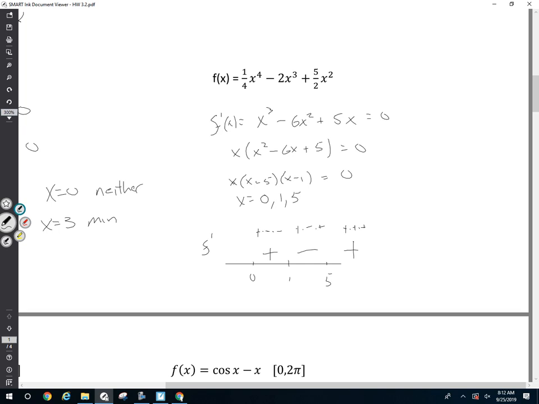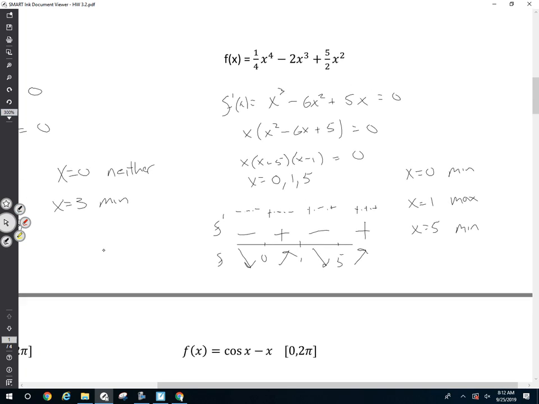Something like negative 1, negative, negative, negative. Okay, so that means F is going to be going down, then up, then down, then up, which means I will have a min at 0, a max at 1, a min at 5.